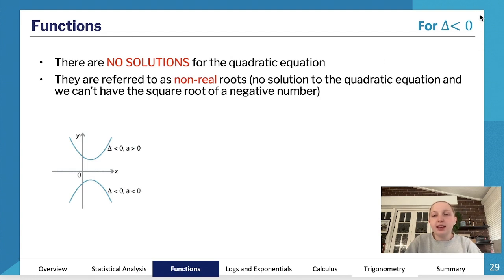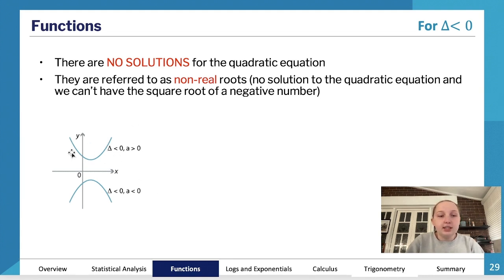And then finally, if 0 is greater than delta, your discriminant, you're going to have no solutions to your quadratic equation. These are what you call non-real roots. So there's no solution to the quadratic equation, and in real terms you can't have the square root of a negative number.